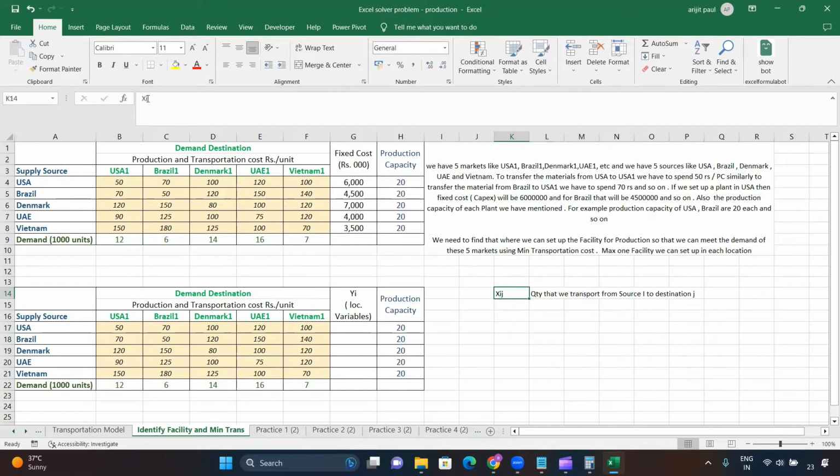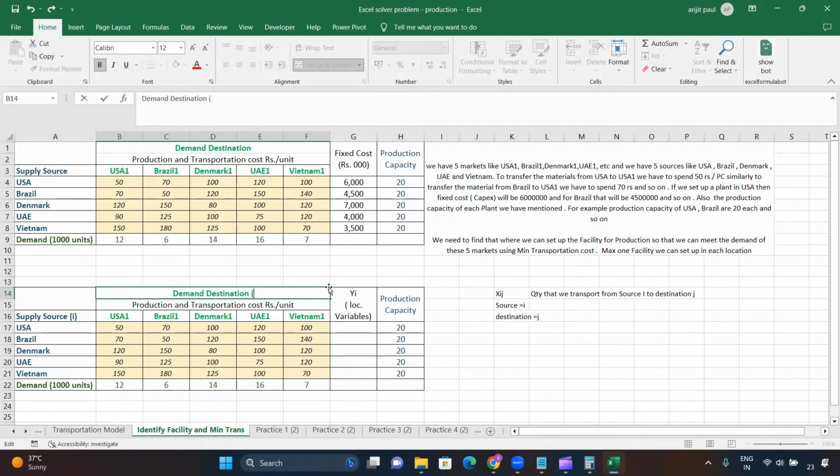Quantity that we transport from source i to destination j. So source equals to i, and destination equals to j.